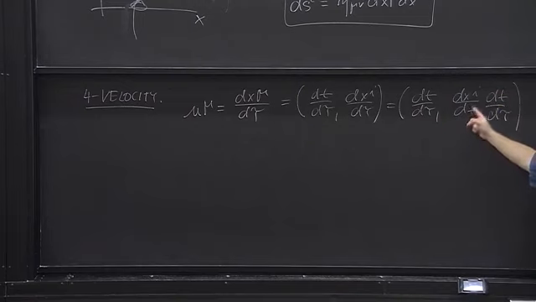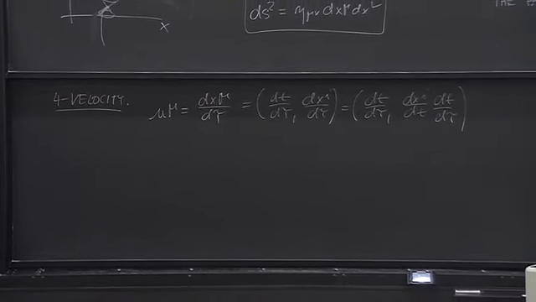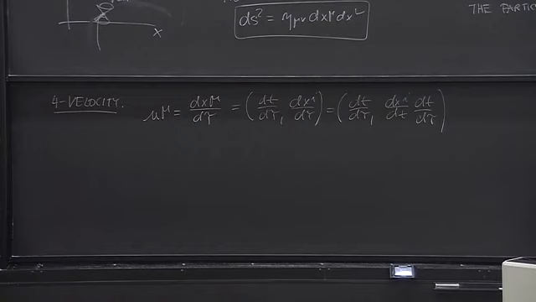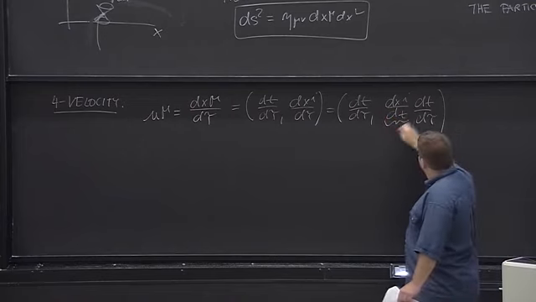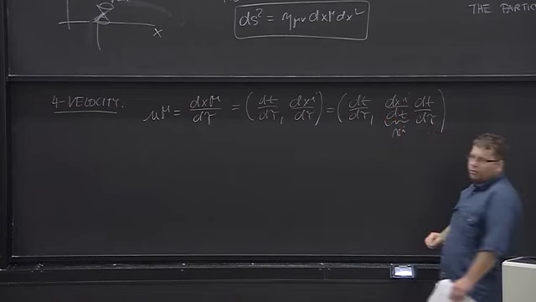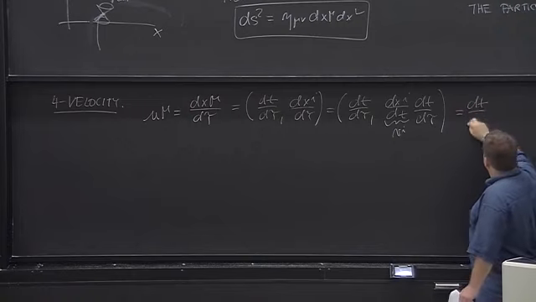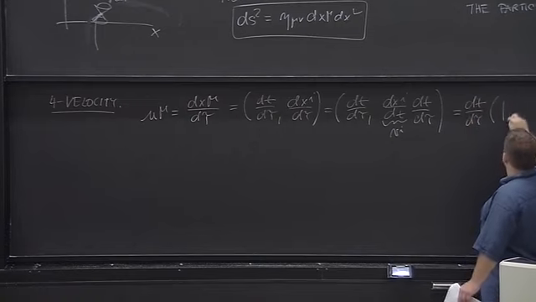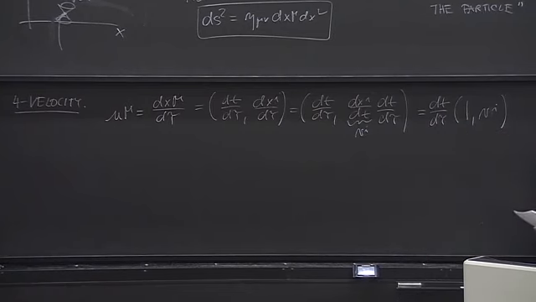So now this dxi over dt is what you are used to call a velocity, coordinate velocity, right? So you always take the corresponding coordinate time, and you take this thing. So it's very natural to call this vi, which is the coordinate velocity. So you can write this as dt over d tau times 1 and vi, the coordinate velocity.